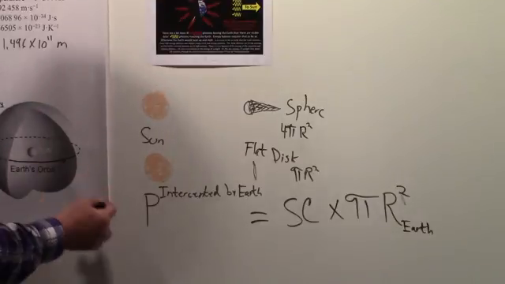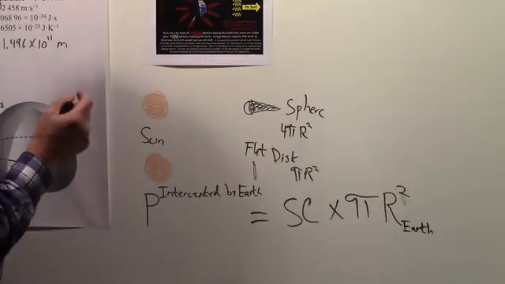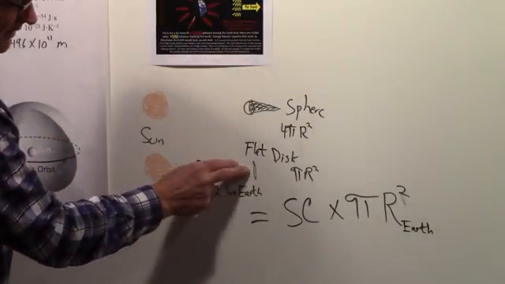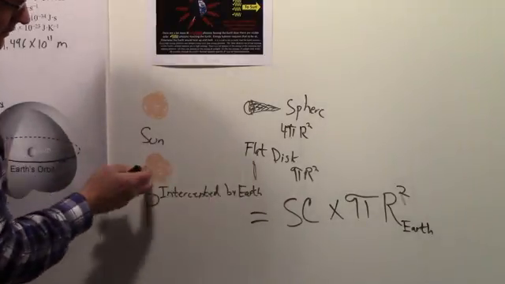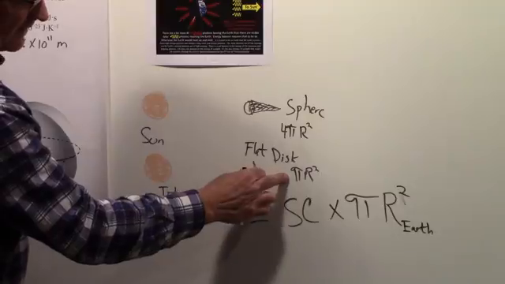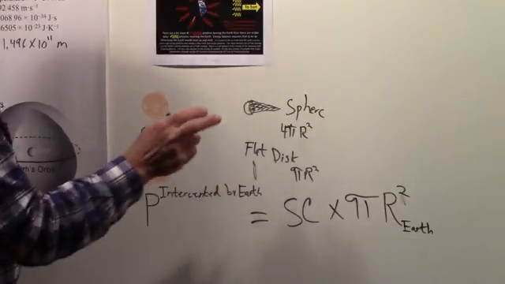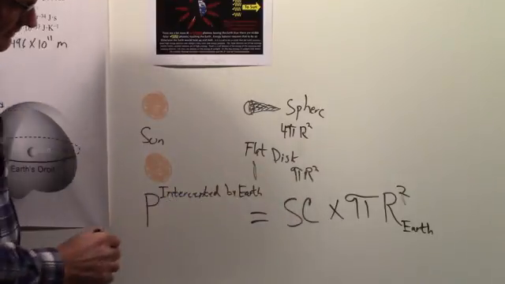We're going to calculate the power intercepted by the earth, and to do that, we'll approximate the earth as a flat disk oriented orthogonal to the sun. The flat disk's area is pi r squared. The surface area is 4 pi r squared, but we're interested now in pi r squared.